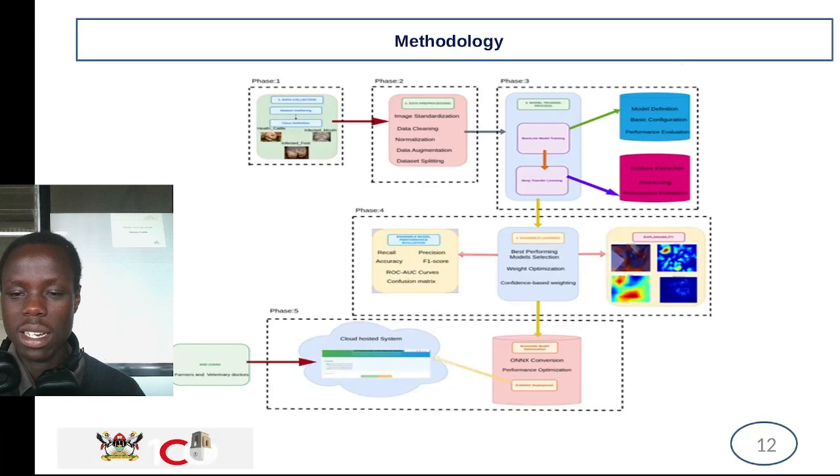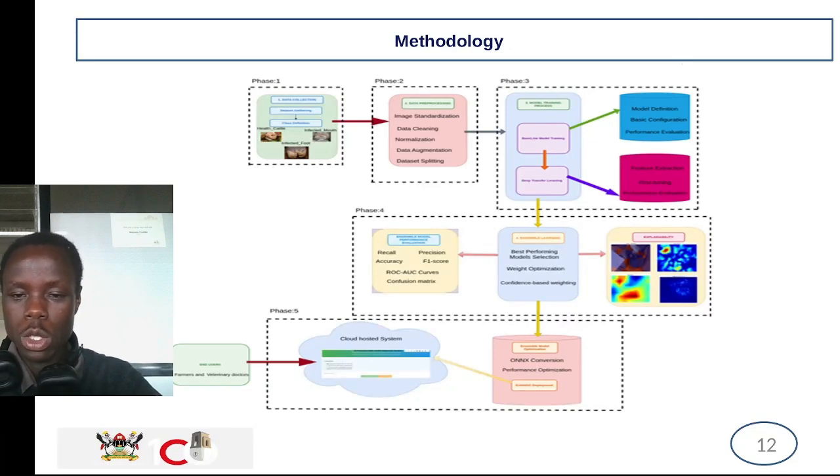We realized after that our performance, the accuracy, increased greatly after that process of fine tuning. Then we went into our fourth phase, and in this phase we carried out ensemble learning. The reason for that is that after carrying out deep transfer learning, we realized that some models were performing better in a particular class, others were good in another class, and other models were confused.